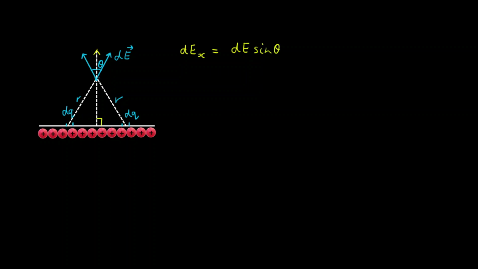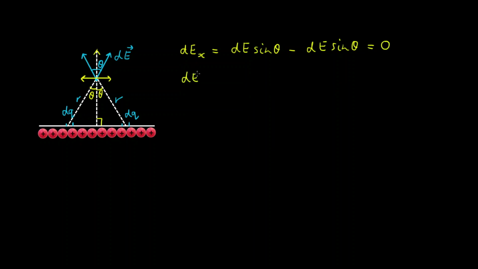So that gives the component of this vector in this direction, and then minus dE sine theta, which gives the component of the electric field vector in this direction. So note that this theta is equal to this theta, and that's equal to this theta by symmetry. So in the horizontal direction, we have a net electric field of 0.